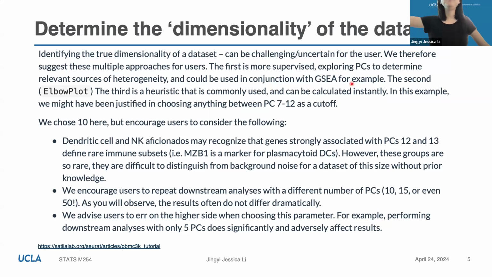So what you could do with GSEA is input all genes with their loadings, say in PC1, as the statistics for ranking the genes. Once you input into GSEA, you will see which predefined gene sets are enriched in the top positive loading genes, and which gene sets are enriched in the most negative loading genes. Then you can interpret those genes.